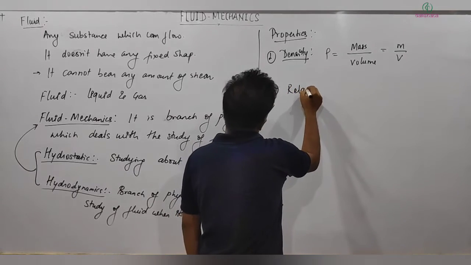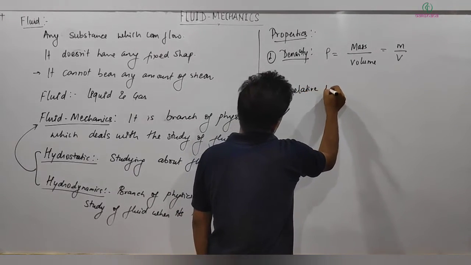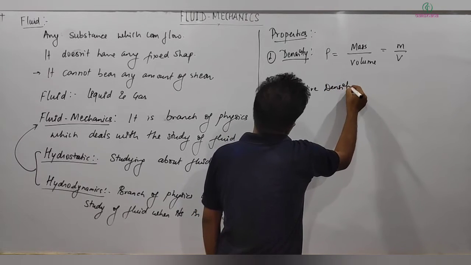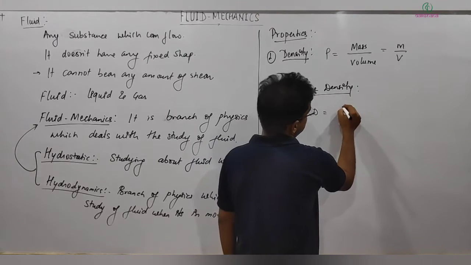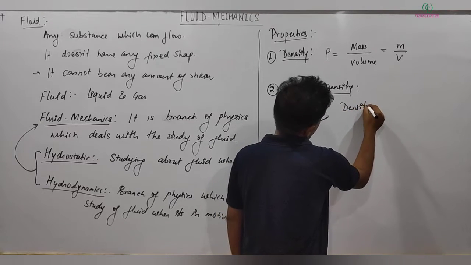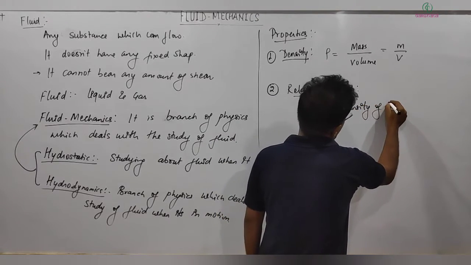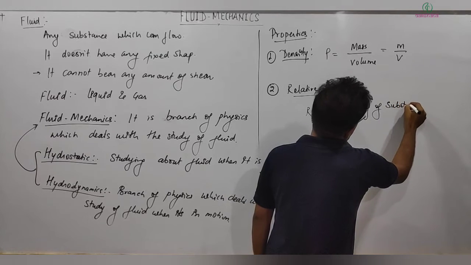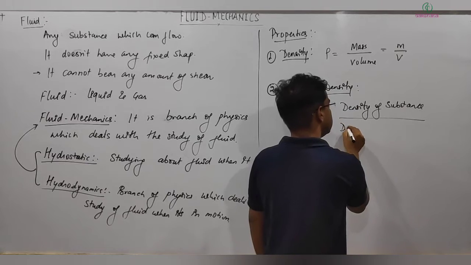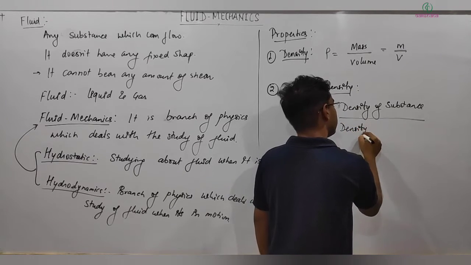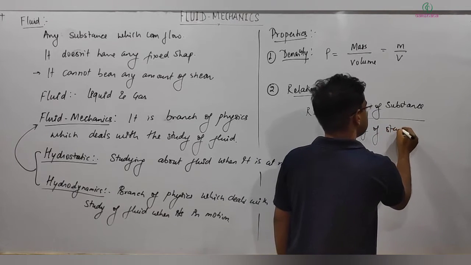Next is relative density. What is relative density? Relative density is defined as density of substance divided by density of standard substance.